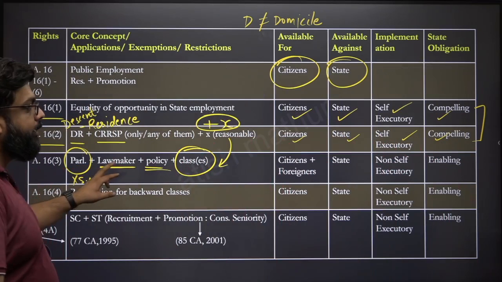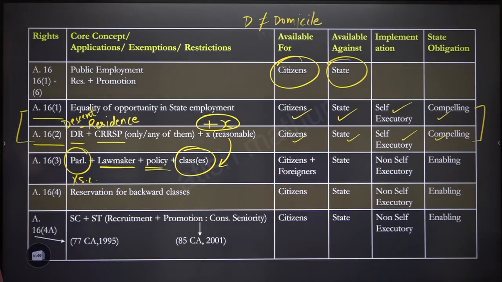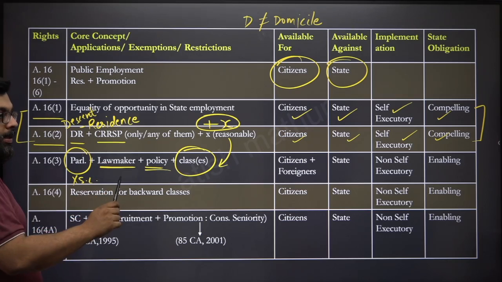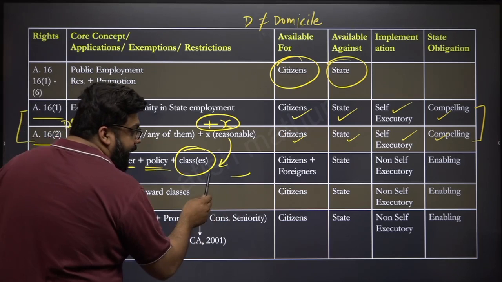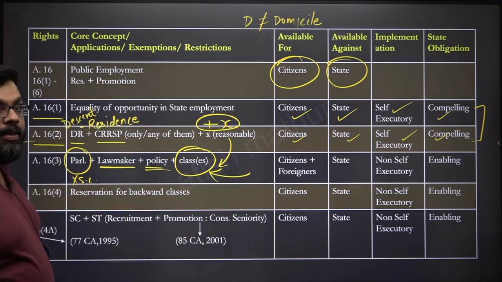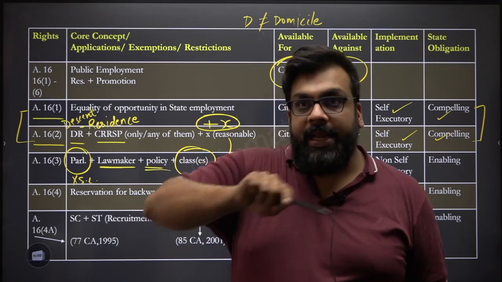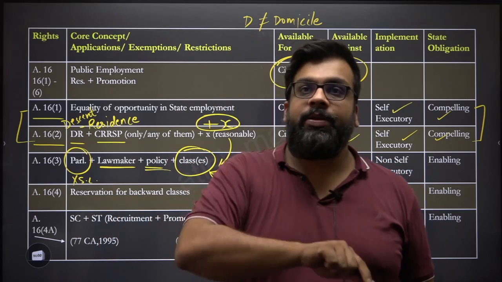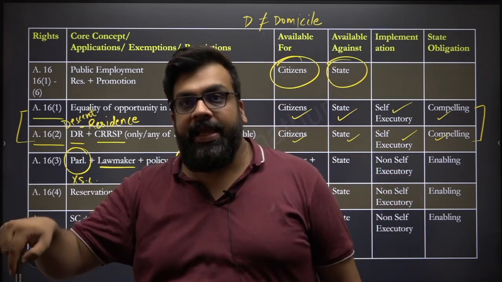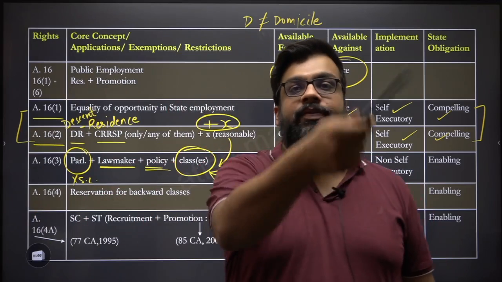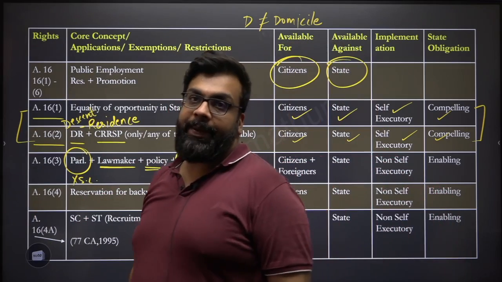Nowhere does it mention the word citizens under Article 16 Clause 3. Why? Because even foreigners can also work under the government, and the Parliament can create a law in and around recruiting foreigners living in India and working for the country, right?